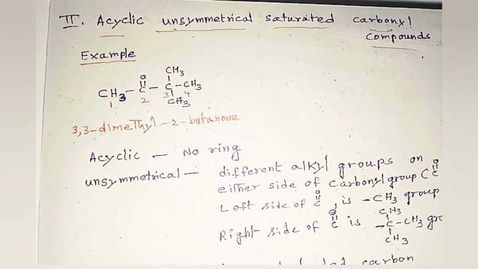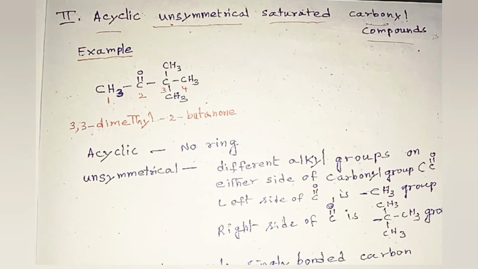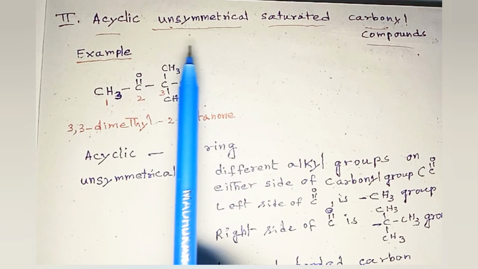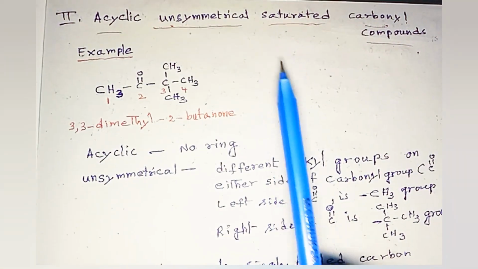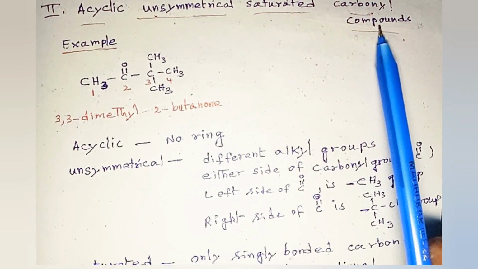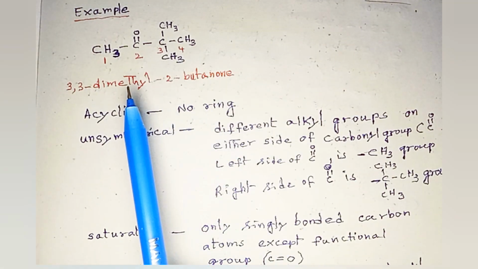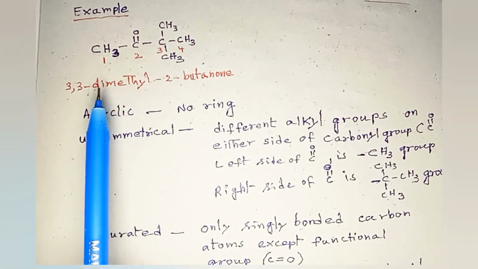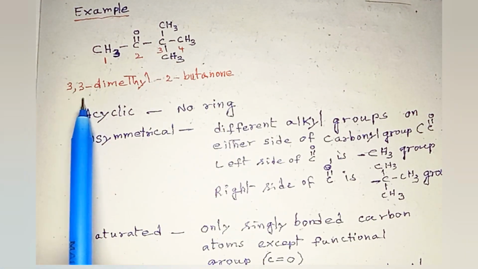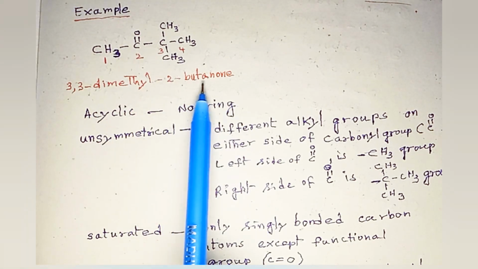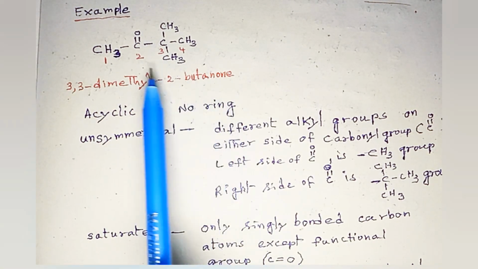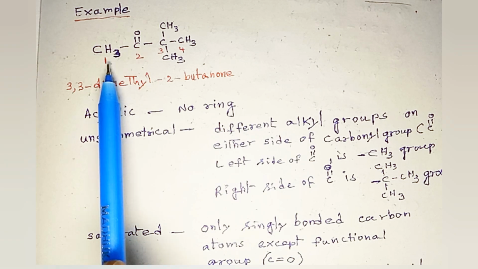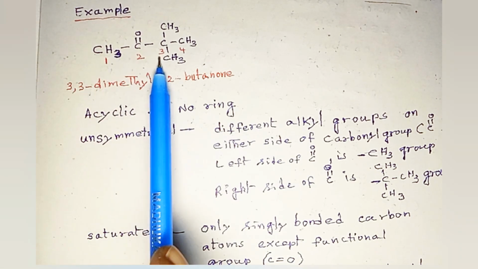Now let us consider acyclic, unsymmetrical, saturated carbonyl compounds. Let's take an example of 3,3-dimethyl 2-butanone. This is a butane because it contains 4 carbon atoms.